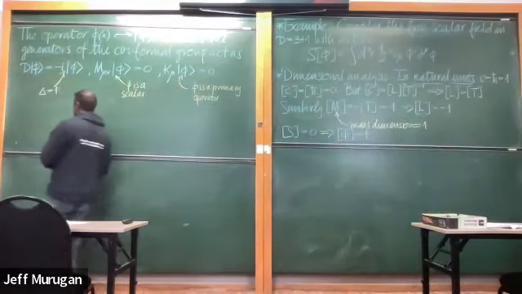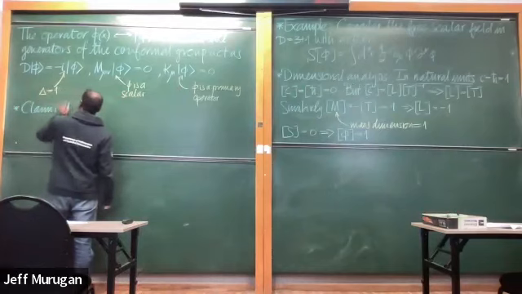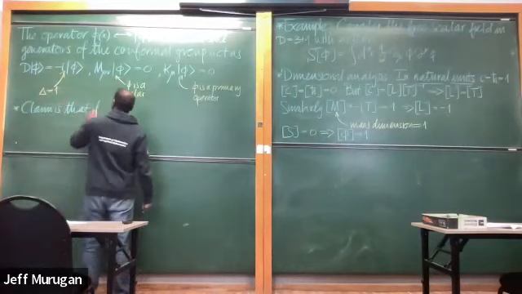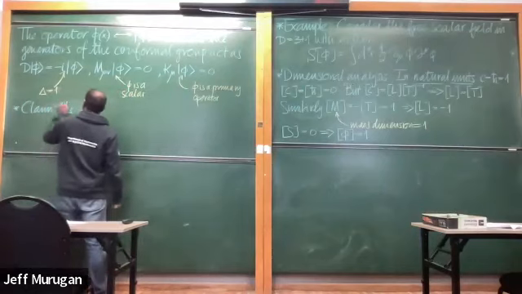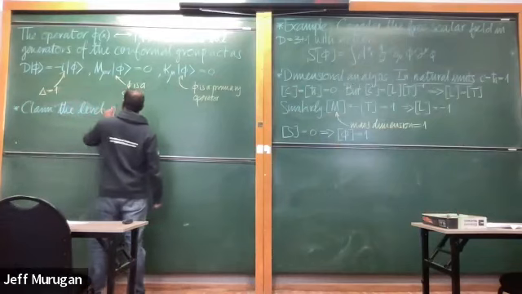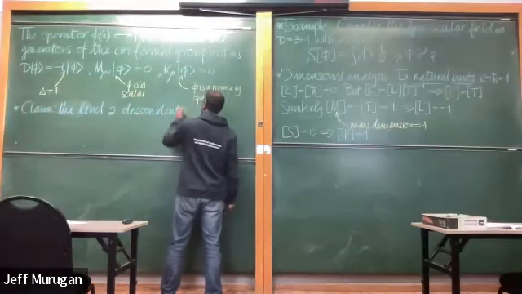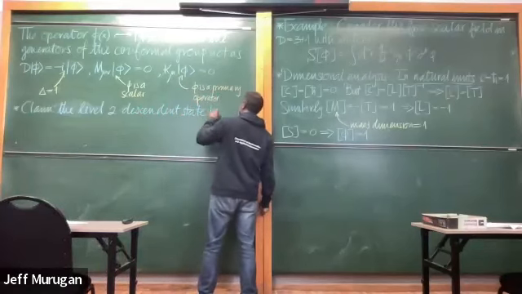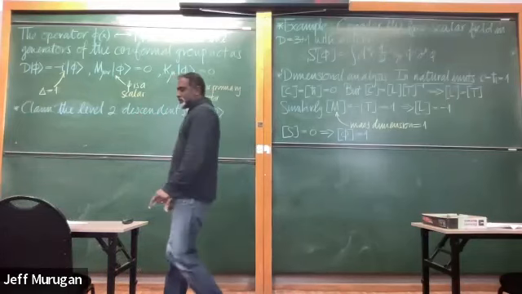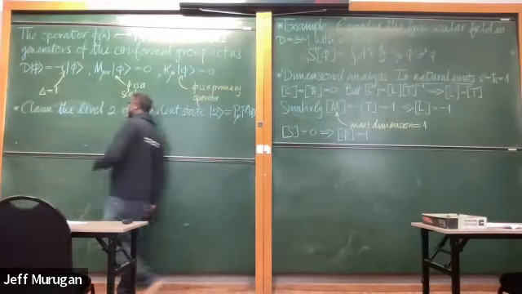So the claim is the level 2 descendant state, let's label it like this, by its level number, which I get by two actions of p on phi, is null.